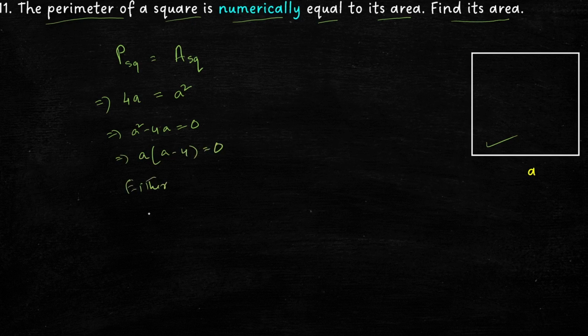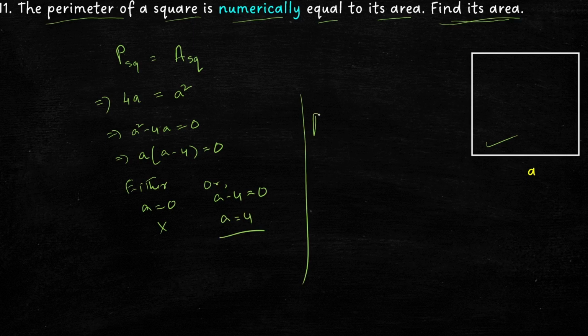So either a equal to 0 or a minus 4 equal to 0. a cannot be equal to 0 because we are considering the side of a square. So a is equal to 4. Therefore find the area. The area of the square is equal to a square, that is equal to 4 square, and that is equal to 16 square units.